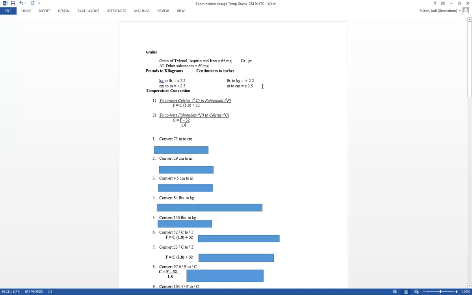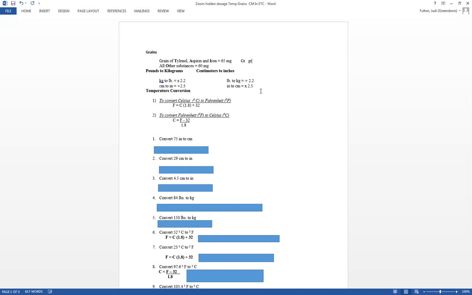When you're doing conversions between pounds and kilograms, you'll either divide or multiply by 2.2. And for centimeters and inches, your golden number is 2.5. If you're going from centimeters to inches, you will divide by 2.5. If you're going from inches to centimeters, because centimeters are smaller, you will multiply by 2.5. It takes more centimeters to make an inch.